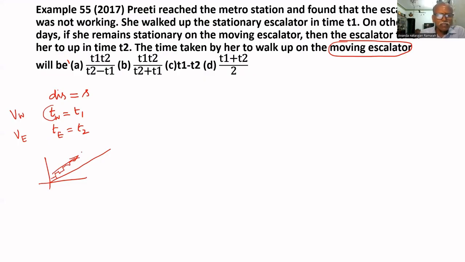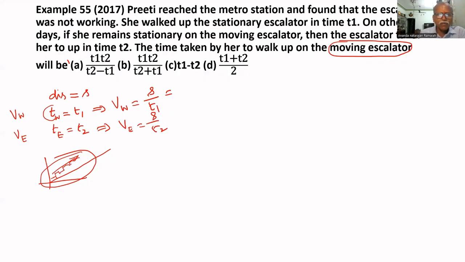So velocity is increased because she is walking on the escalator. Velocity of walking equals distance s over time t1, that is s by t1. Similarly, if escalator alone is moving, velocity of escalator equals s divided by t2.